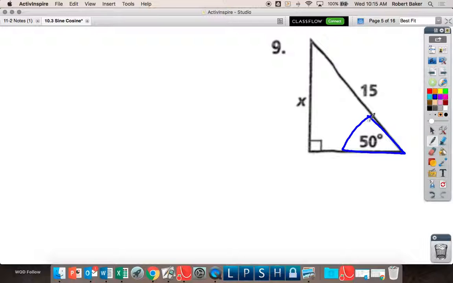You have an opposite, you have a hypotenuse, so you should use the sine function. So I'm looking at the sine of 50 degrees, and it's equal to x over 15. Opposite over hypotenuse.